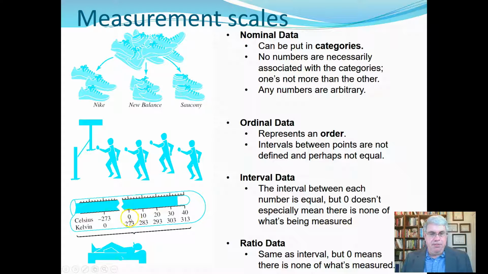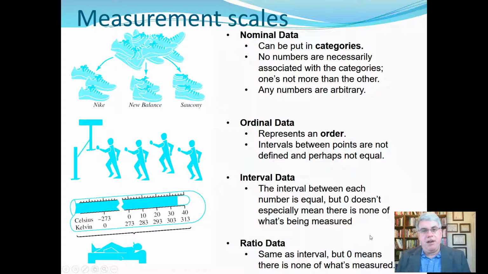And if you have a temperature of 0 degrees Celsius, that's 32 Fahrenheit, you might be frozen, but it doesn't mean you don't have any temperature. It's only at minus 273 that all heat energy completely stops.